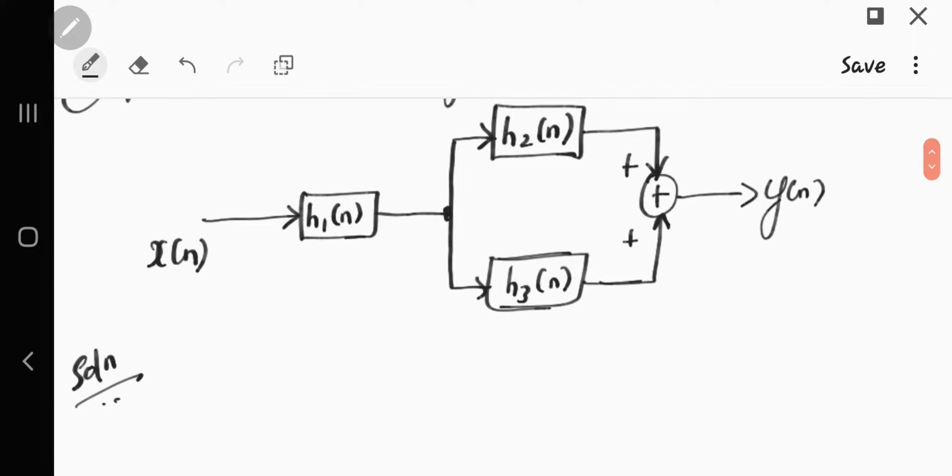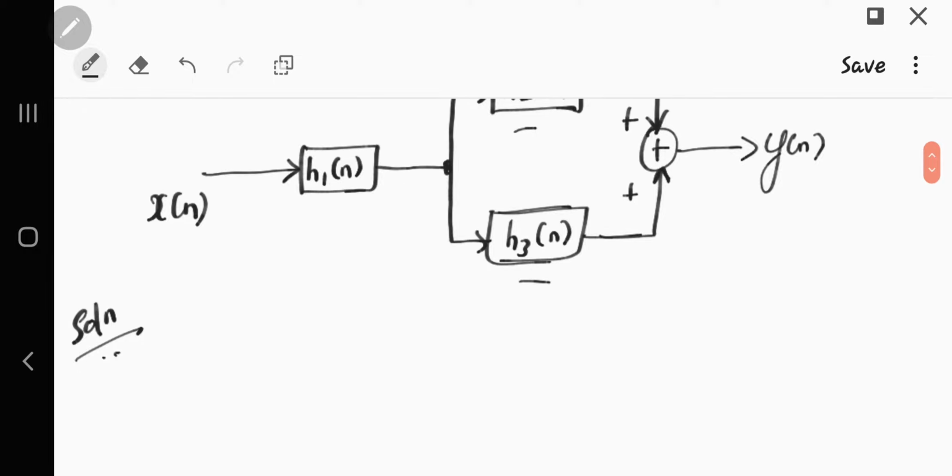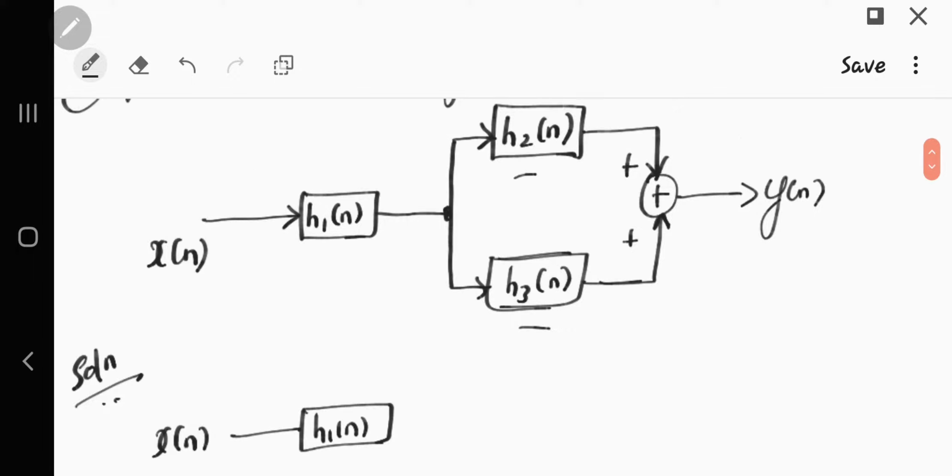Here you can see these two systems are connected in parallel, so we will write the equivalent system of that. If the systems are connected in parallel, then the system response will be the sum of them.